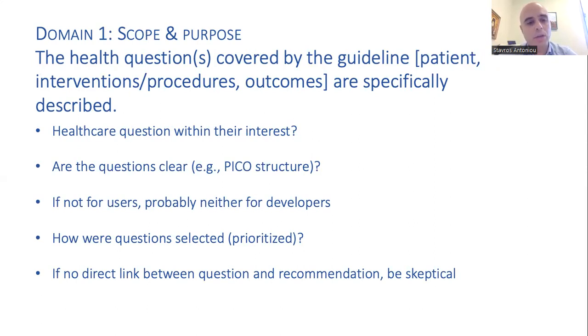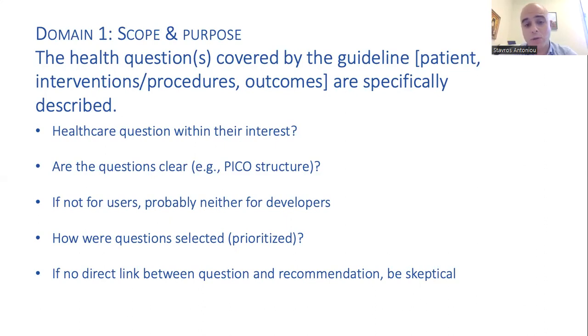If the questions are not clear for users, then they are probably not going to be clear for developers either, and this makes the development of the guideline problematic.